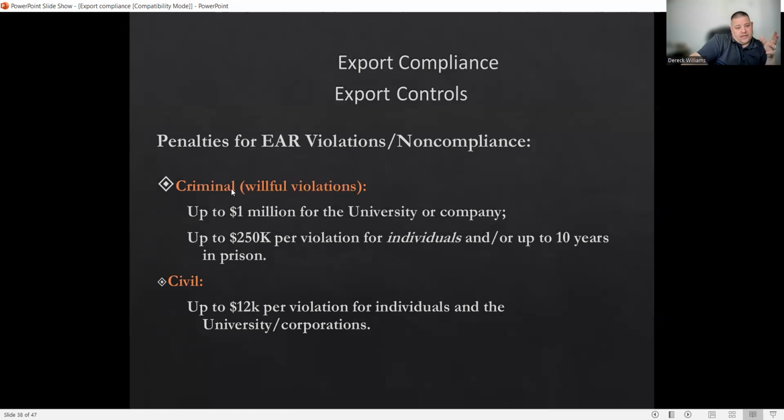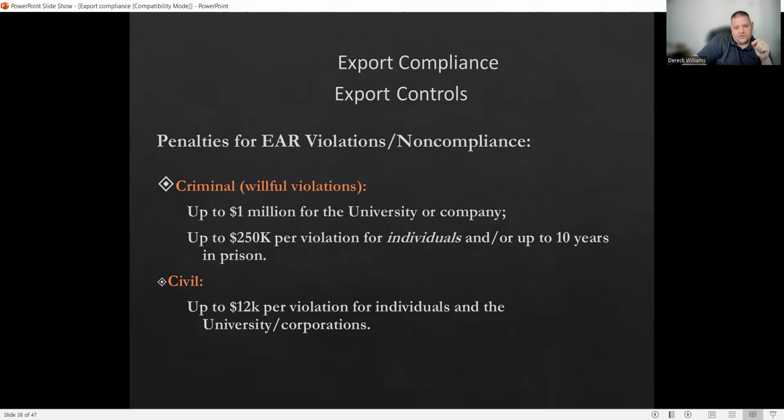Penalties, again, are continued. If it's a willful violation, it's criminal. It can be $1 million for a university or company under, we're specifically talking about EAR here. It can be $250,000 per violation for individuals and up to 10 years in prison. So a lot of people just say, oh, the company's going to get in trouble.